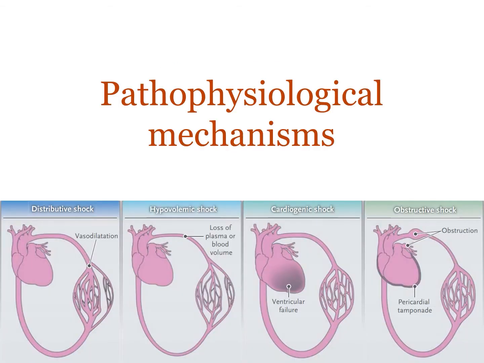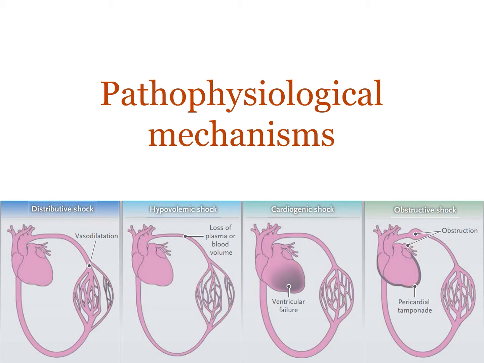Shock is a clinical state of acute circulatory failure that can result from one or a combination of 4 mechanisms. The first of these is a decrease in venous return due to a loss of circulating volume. It may be internal or external loss of fluids.